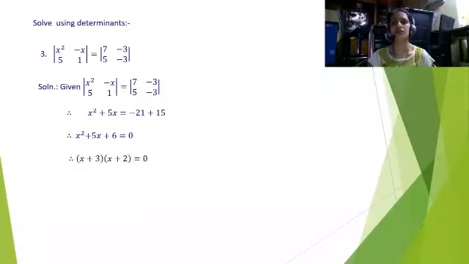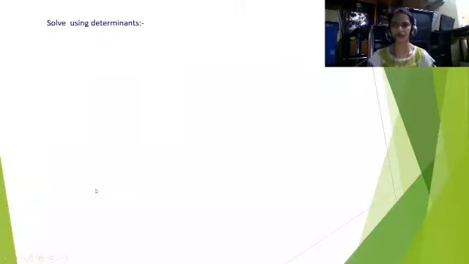So the answer is, the expansion is x plus 3 into x plus 2 is equal to 0. x will be minus 3 or x will be minus 2. So this in-between step you will not get if you use a calculator. If you feed the coefficients directly, you will get your answer. Okay, so we will see some more examples.